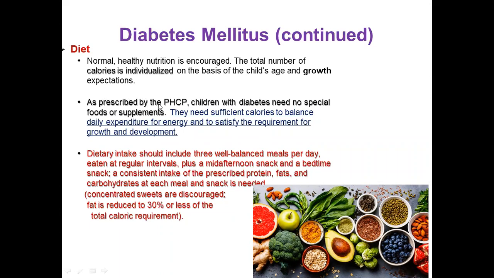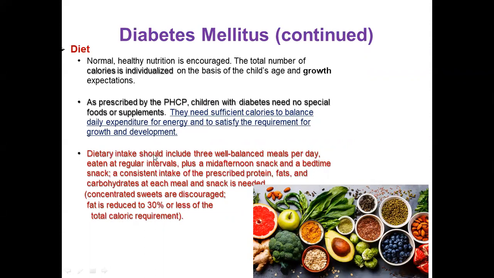As prescribed by the healthcare provider, children with diabetes need no special food or supplement. But whatever we do, it is good to talk to the healthcare provider. They need sufficient calories to balance daily expenditure for energy and to satisfy requirements for growth and development.